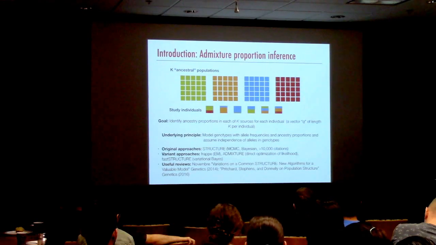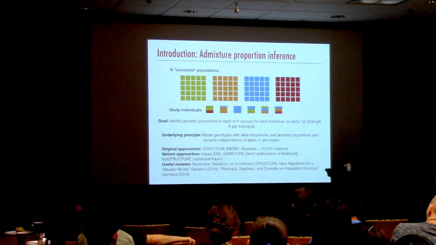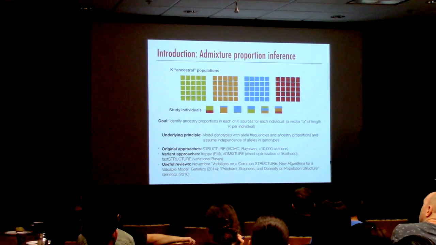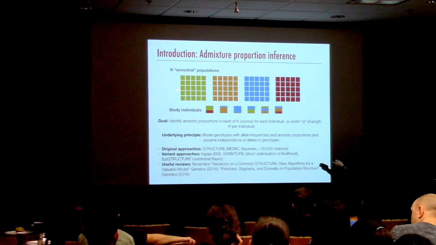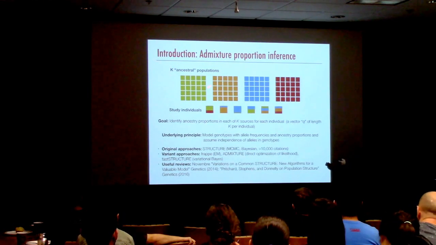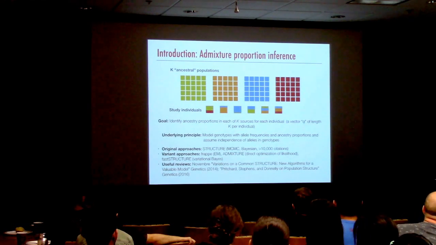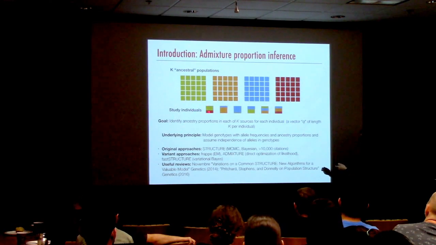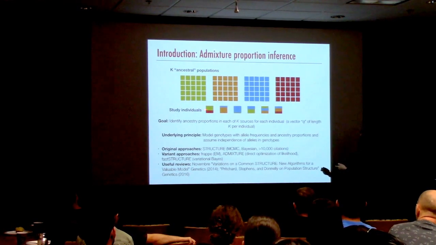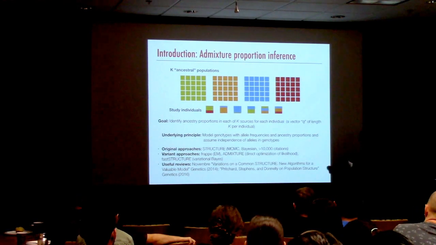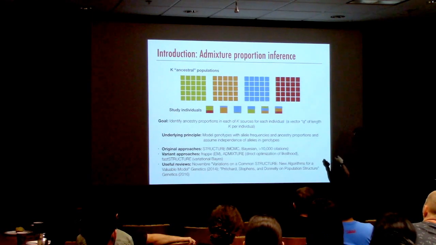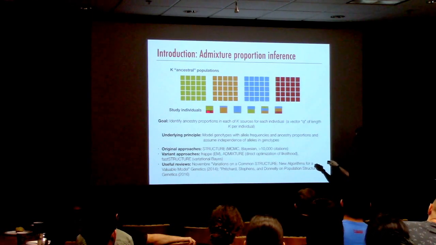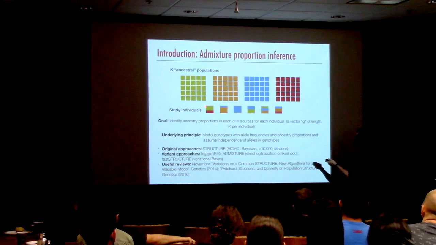With admixture proportion inference, the idea is that you create a model where there are k ancestral populations. So here k would be equal to 4. For each SNP and each population, there's an allele frequency. Then your study individuals are modeled as having a vector of proportions of how much of their ancestry is from each of these source populations. So this individual would be maybe 40% from this and 60% from this.